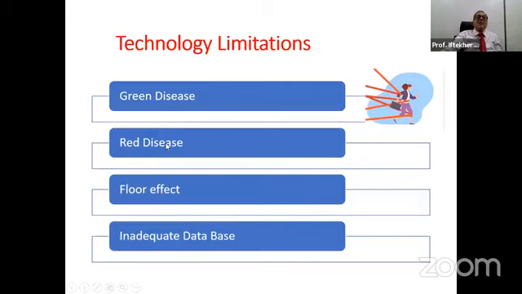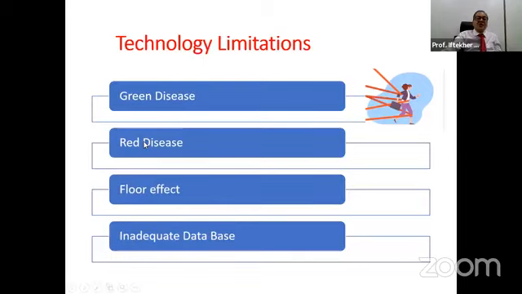Red disease: in high myopia, the superior and inferior arcuate fibers are shifted towards the papillomacular bundle. So when the OCT machine scans the upper and lower part of the optic disc and compares it with the image database, it detects a nerve fiber layer defect and says the patient is suffering from glaucoma. Actually, the patient is healthy.